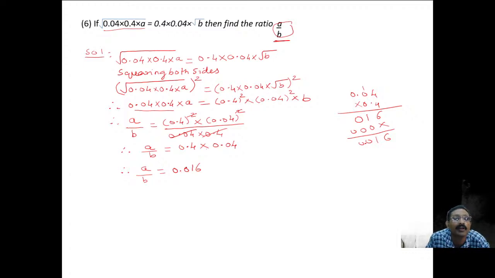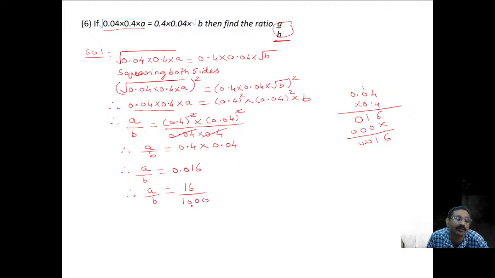0.016. Now we have got a point here. Can we remove this point as the decimal fraction? Therefore, a upon b is equal to, suppose that 1, 2, 3, how many places have I shifted? 3 places. So I have 16 upon 1000. Now, suppose I want to reduce it to the lowest form. How do I reduce it to the lowest form? 8 2s are 16, 8 1s are 8, 9, 10.